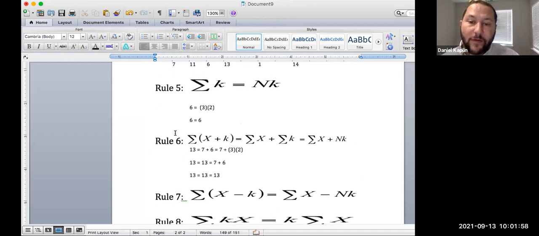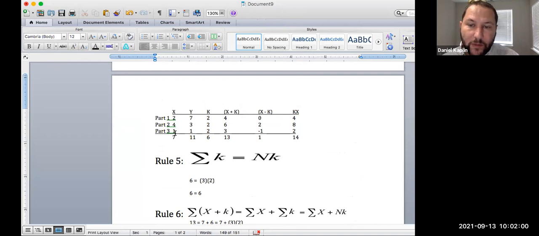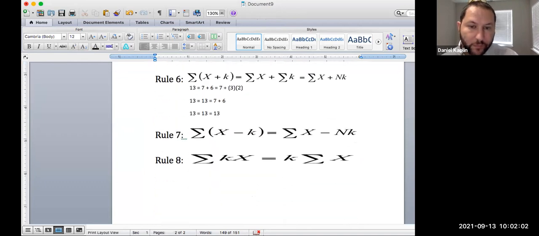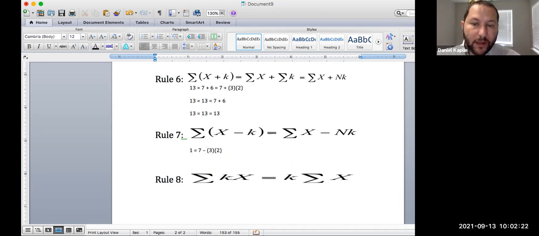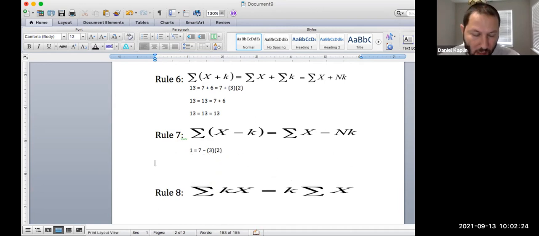So the sum of the x minus k column, which is 1, is equal to the sum of the x column, which we said was 7, minus n times k. We had 3 participants, that's n, times k is 2. All right, so we're saying 1 is equal to 7 minus 3 times 2.